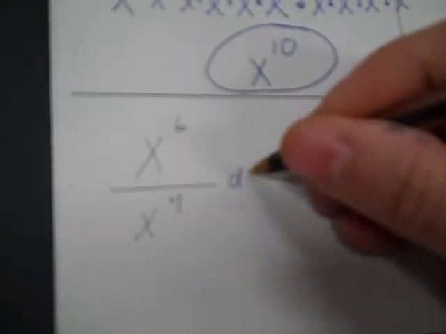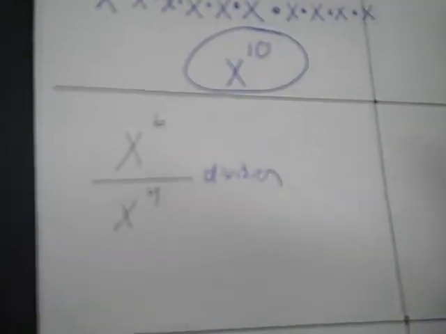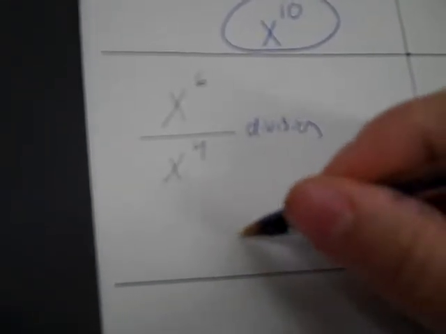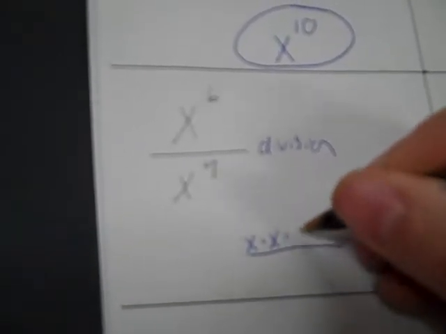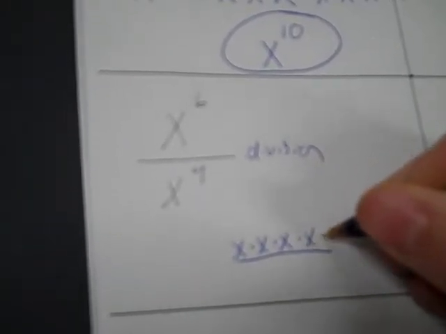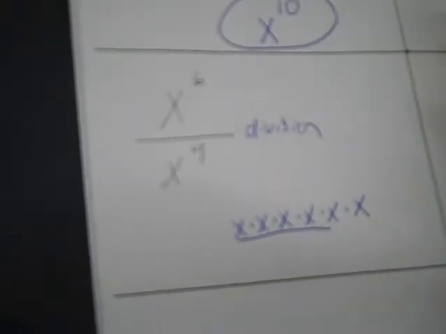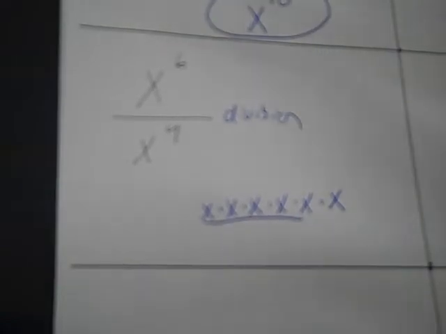Now the line here, that operation stands for division. So I'm going to make my division line, and x to the 6 means we clone 6 x's, with multiplication as the operator. X to the 4th means on the bottom of the denominator of the dividing line, we clone 4 x's.